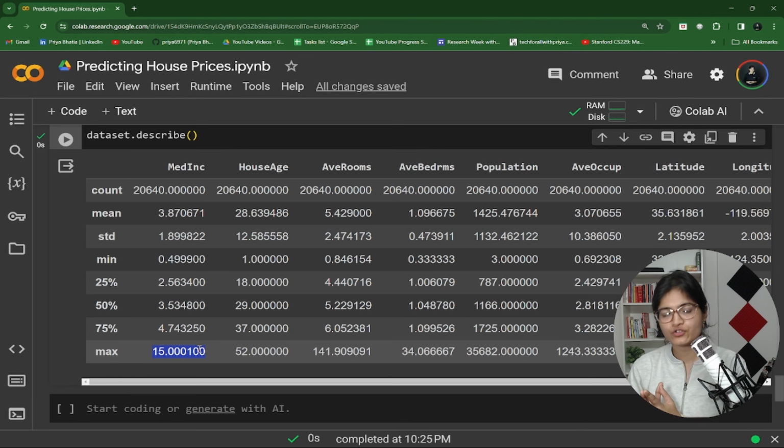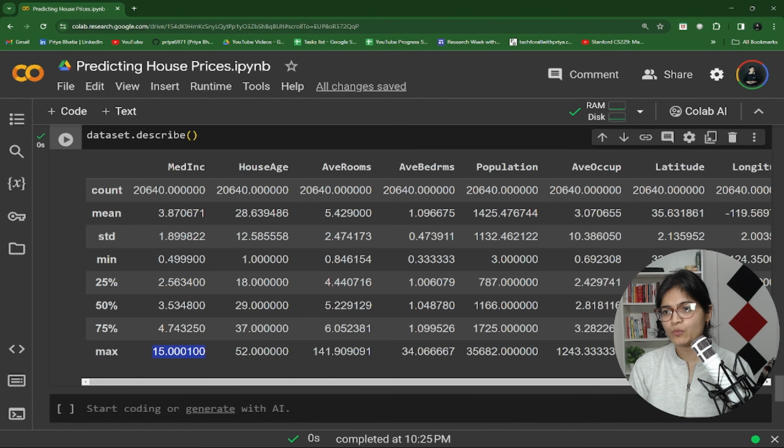So I really request you all to have that idea pretty well. By that, I mean it's not just the formulas you should be aware of, but also the inference from those formulas, what you actually want to convey from those variances, standard deviations, means, medians, right? It's very, very important.